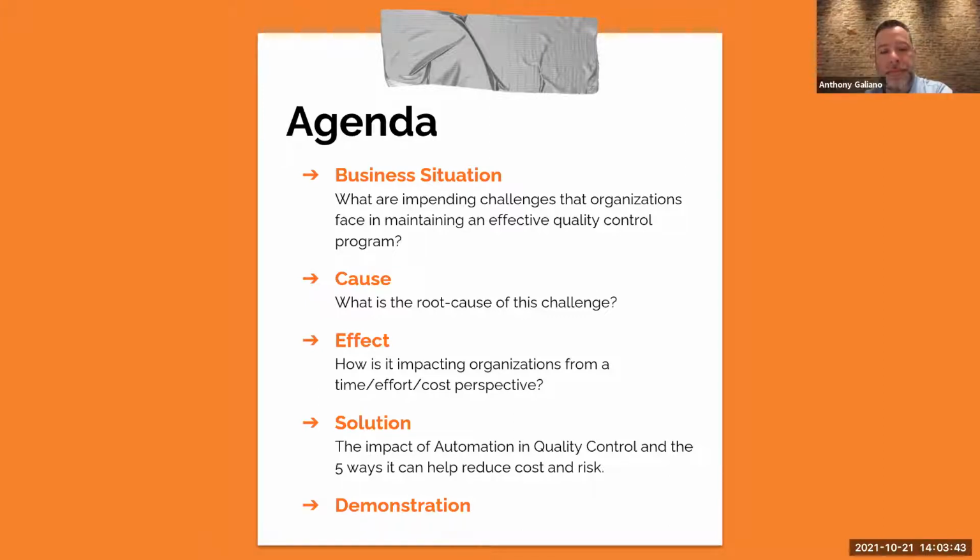What the overall solution offering is, right? So we're talking automation: the impact that automation has on the QC and compliance space, and how the 5 ways or the 5 factors help reduce that overall cost and risk. And then we have a short demonstration to show how automation can play a role in that space.